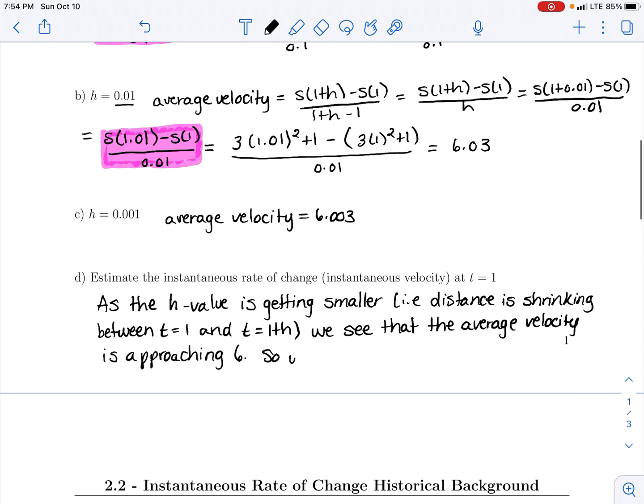So we estimate instantaneous velocity is 6 at t equals 1. Okay, so yeah, that's my estimate there.